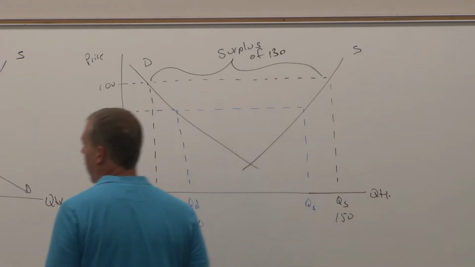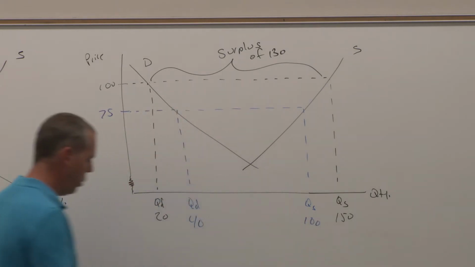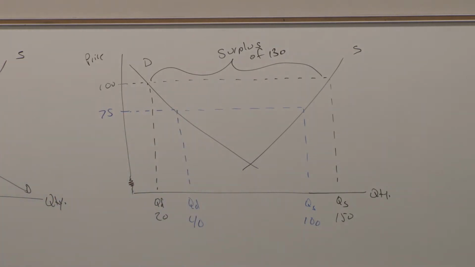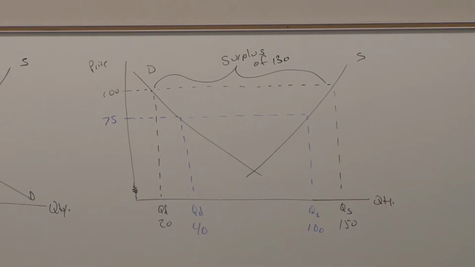Our quantity supplied changes to 100. So at a price of 75, now we have 40 pairs of jeans that consumers want to buy every single week. Firms are making 100 pairs of jeans. At the end of the week, too many or not enough? Too many, right? We've got a surplus here of, say, 60.